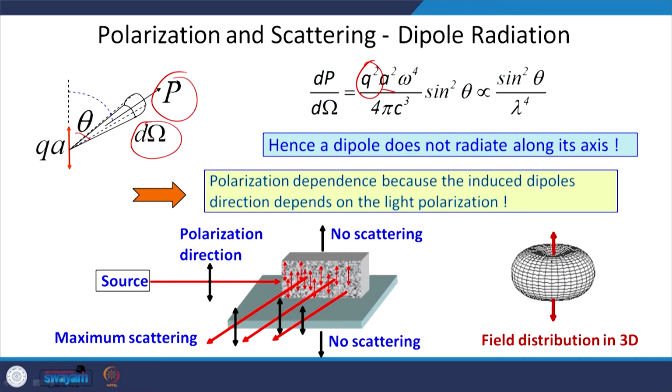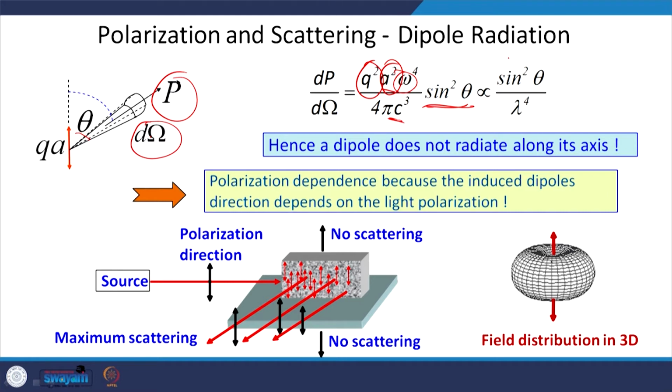If you have a strong electric field, the displacement will be larger; if you have a small electric field, the displacement will be small. Then omega to the power 4, the frequency of the electromagnetic wave falling on it, and c is the speed of light, and theta is this angle.